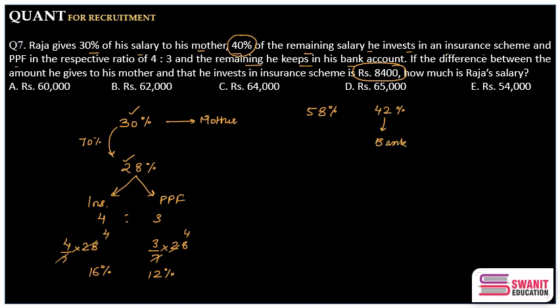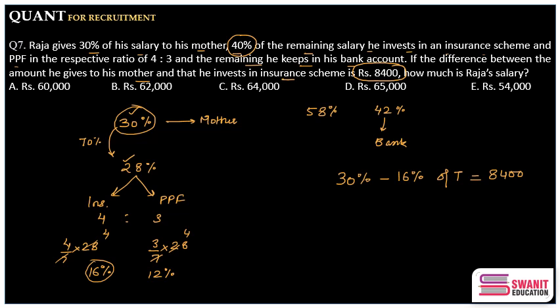If the difference between the amount he gives to his mother and that he invests in insurance is 8400, so the amount given to mother is 30%, the amount invested in insurance is 16%, so the difference between them, that is 30% minus 16% of total salary, is given as 8400.